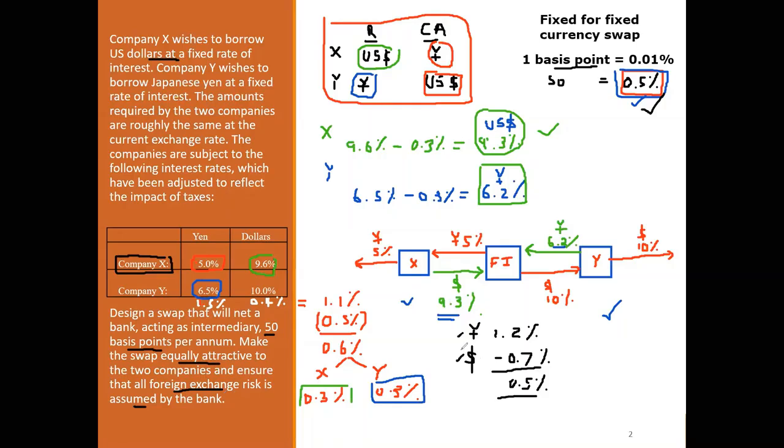There are different ways in which you can arrange this swap, but this is one way. Normally you follow this method when it says that all of the foreign exchange risk will be borne by the financial intermediary. So is it clear up to this point what I did so far?